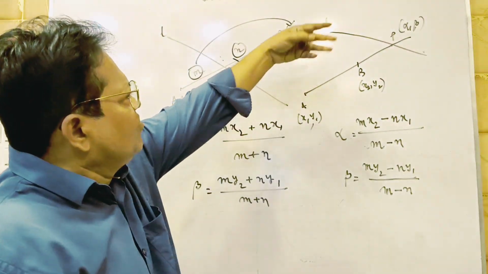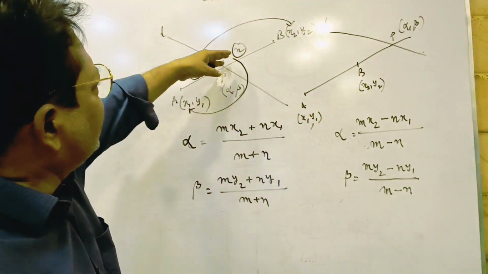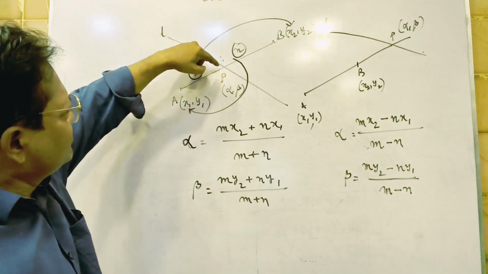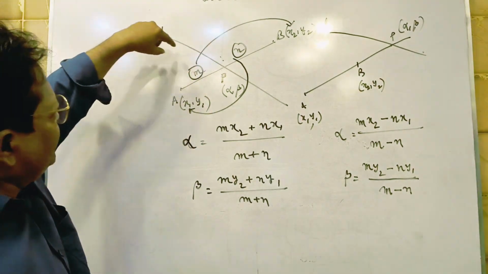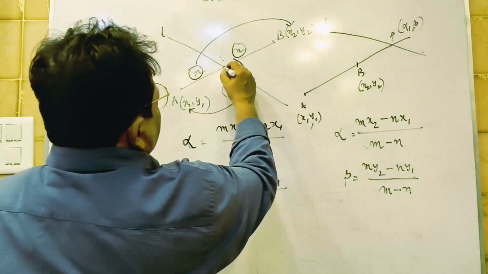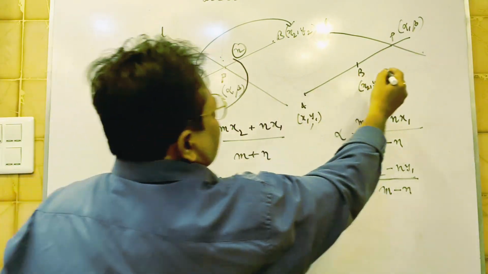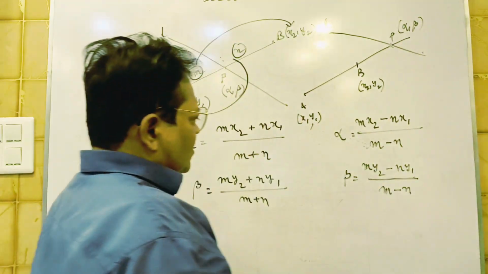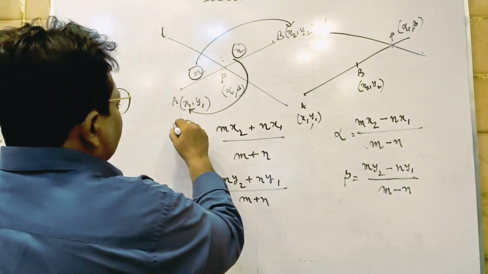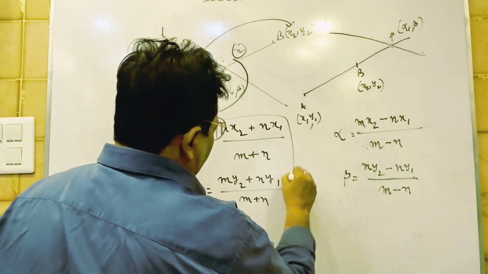When it cuts AB internally, this point is called the internal point, and this is called the external point. So we come to know how to find all these. These are very important formulas.